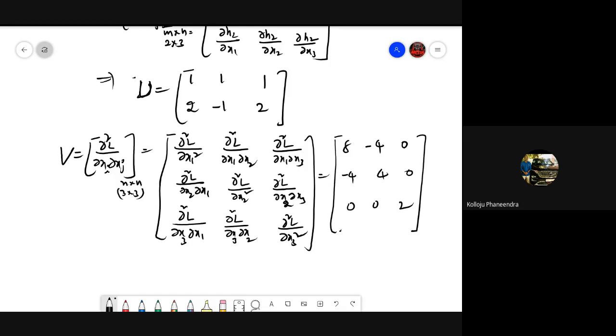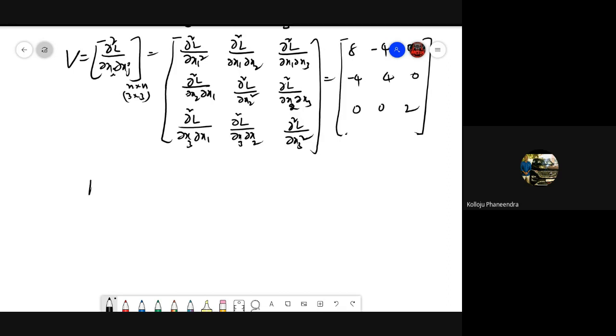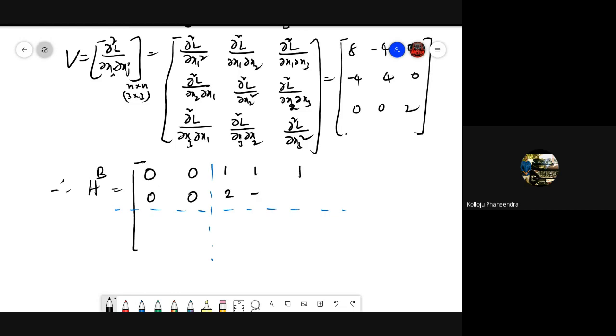This is the matrix. So hence now I can write HB, the bordered Hessian matrix. Therefore HB equal to, what is the first one? 0 matrix, M by M, that means a 2 by 2 matrix. So let me split. Now what is this? U matrix: 1, 1, 1; 2, minus 1, 2.